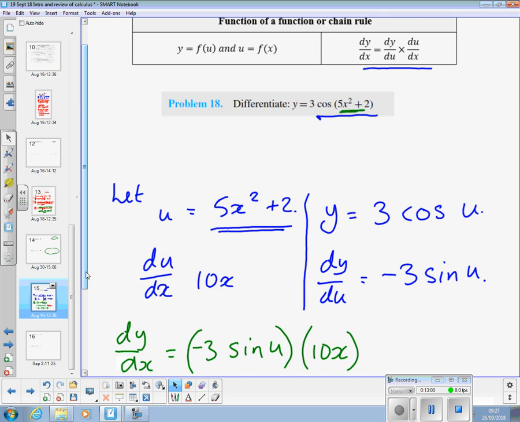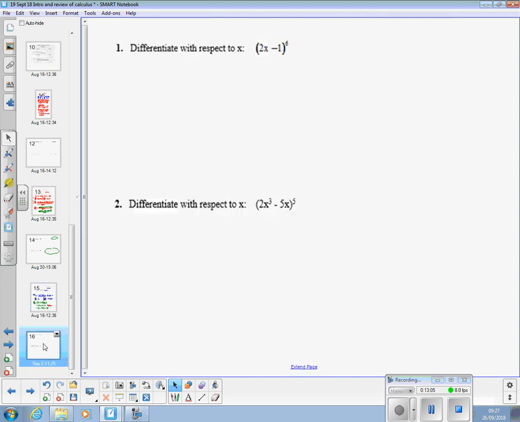Yeah. There's a method. This first one here, if that was 2x minus 1 squared, we might decide to just multiply out the two pairs of brackets into one term and then differentiate. But we're not going to multiply out 6 bracketed terms of 2x minus 1.